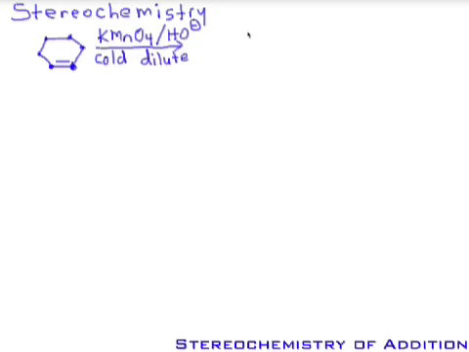If you do this, you will add OHs to our alkene. But you will get a cis diol.